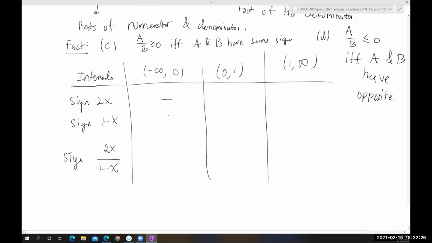But you get a negative here, a plus here, a minus here. Then you get plus, plus, plus. Then you get plus, minus, minus. And this will be clear because we want the overall expression to be positive. This is the solution set.